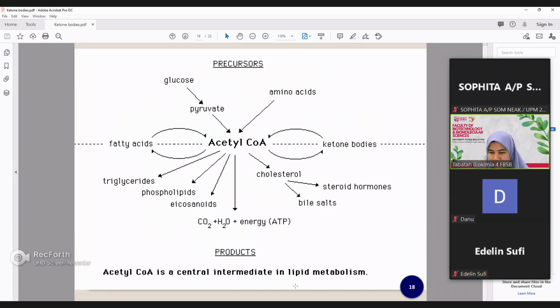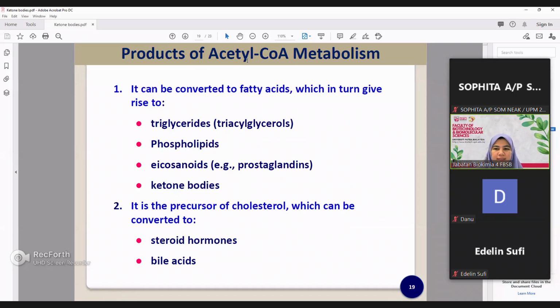So this is another diagram to show how acetyl-CoA acts as an intermediate metabolite that connects all the pathways.